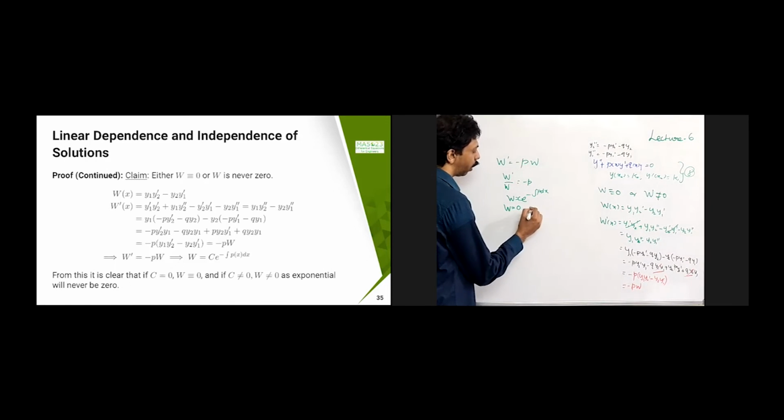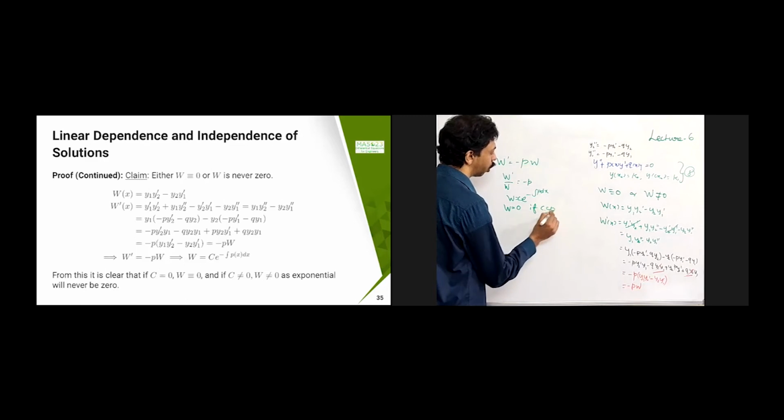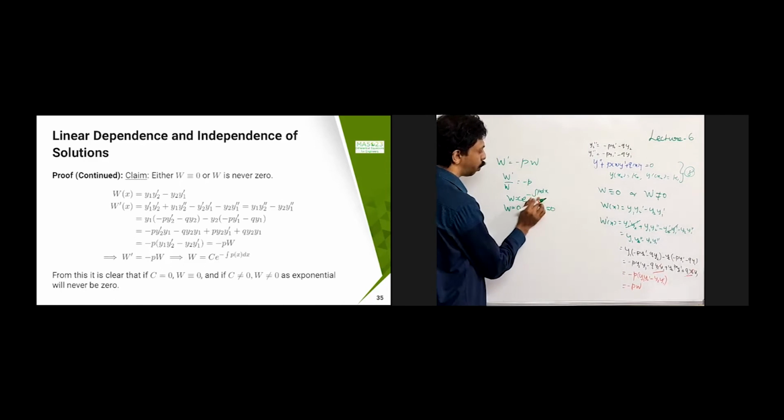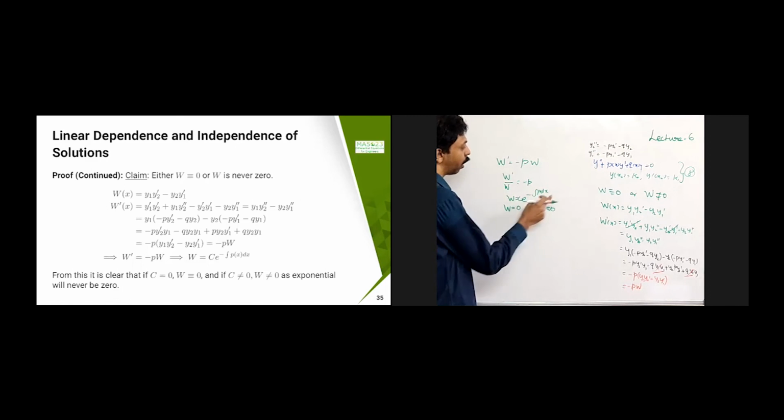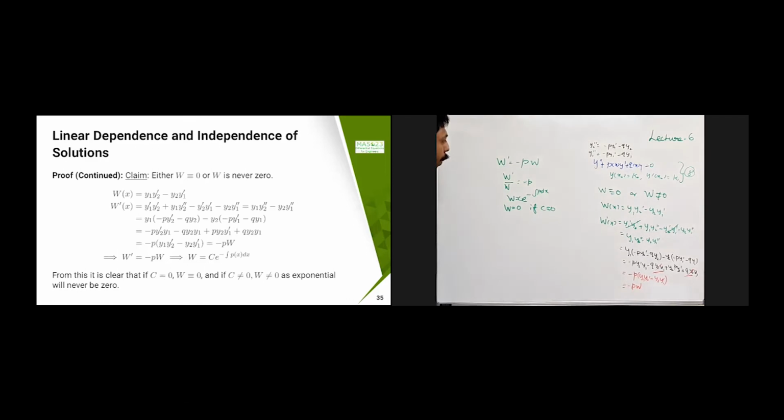Now this W is going to become 0 only if c equal to 0, because e power minus integral of p dx is never 0. Only if the exponent becomes minus infinity would it be 0, but p of x cannot be unbounded, so we cannot do that.